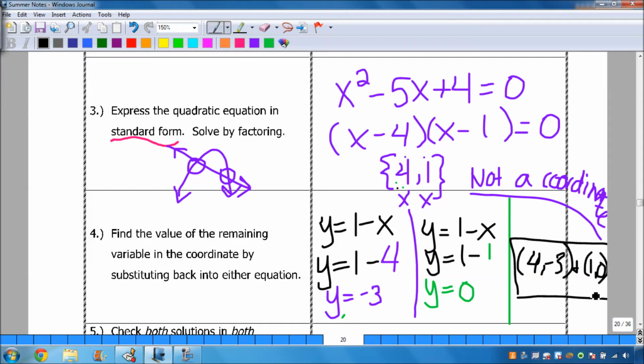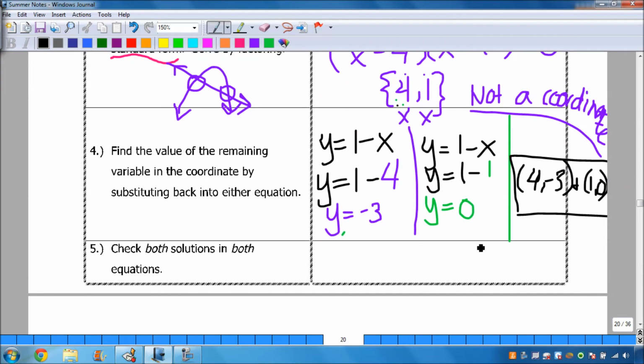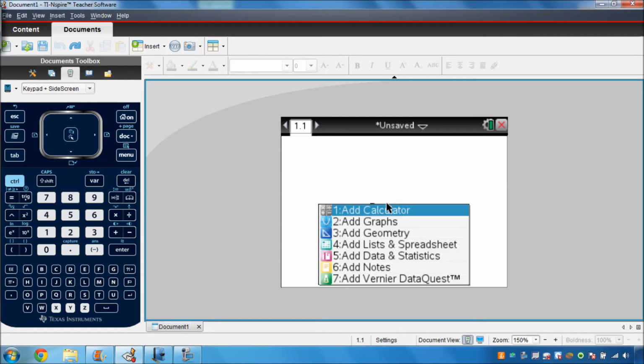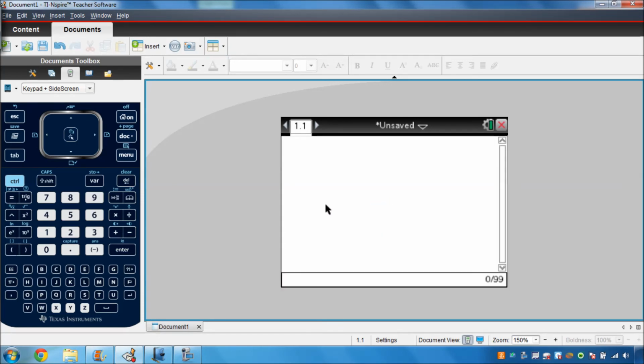The last thing that you need to do is check your answers in both equations. So I'm going to check 4, negative 3, and I'm just going to do it right in my calculator. The first thing you're going to do is insert a calculator document, okay? And you are going to store 4 in as your x variable, all right?